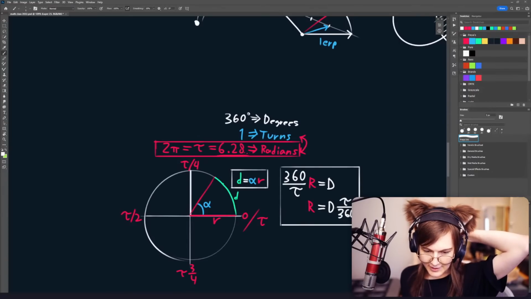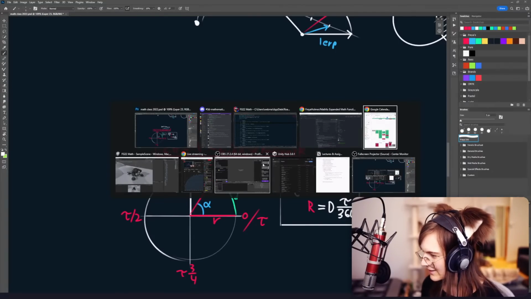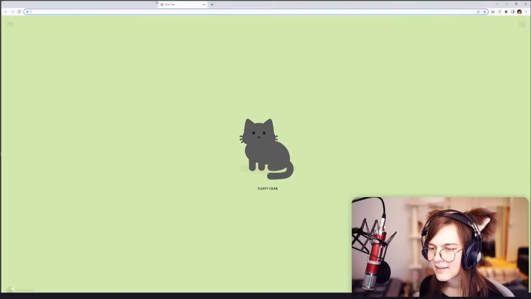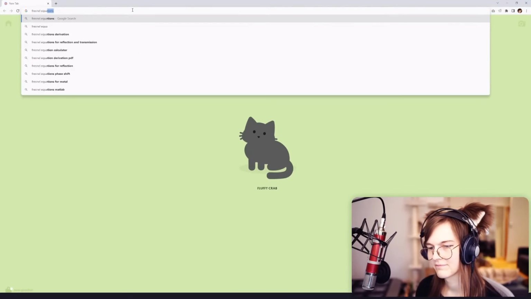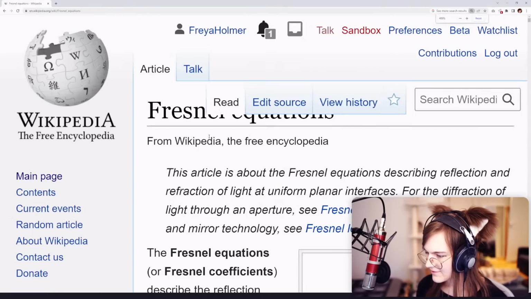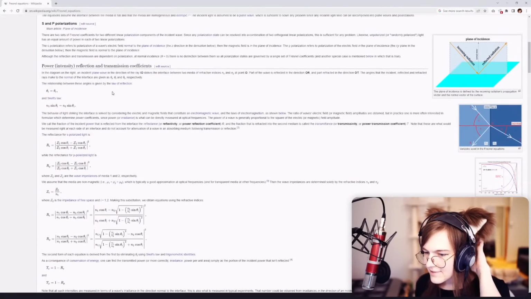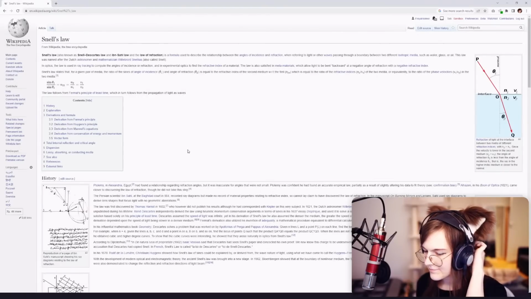How does one calculate the point of refraction given a source, target, and the refraction index? I don't remember. Isn't that the Fresnel equations? I believe that is the Fresnel equations. Snell's law, that's the one.